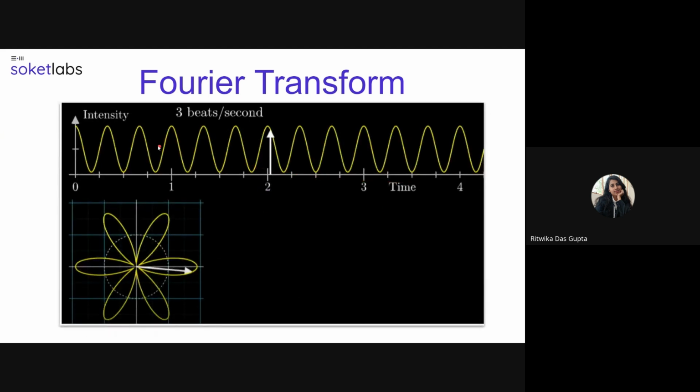And to get a Fourier transform, first what we do is consider an intensity. This is a graph where we have 3 beats per second, and we just take this graph and rotate it, or wind it over a circle. So the vector here is a rotating vector. Say, for example, we give it a name, this is a rotating vector v.